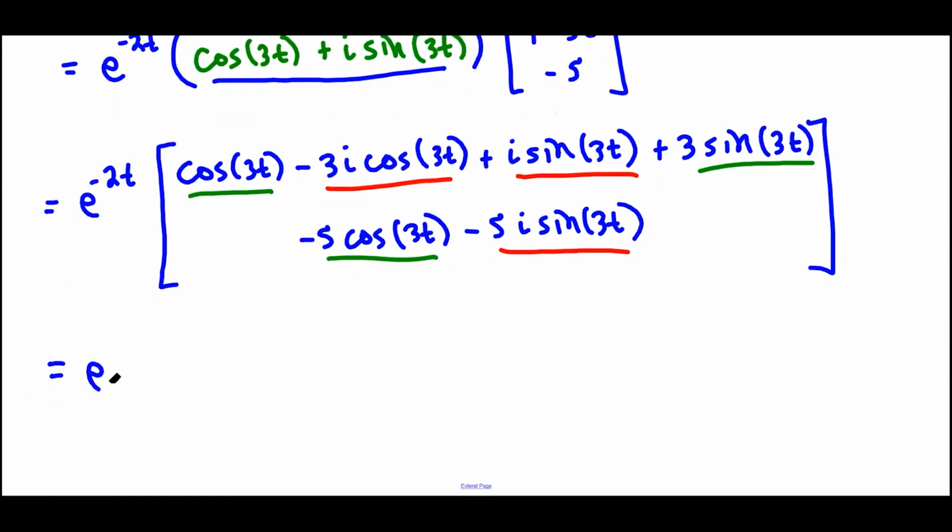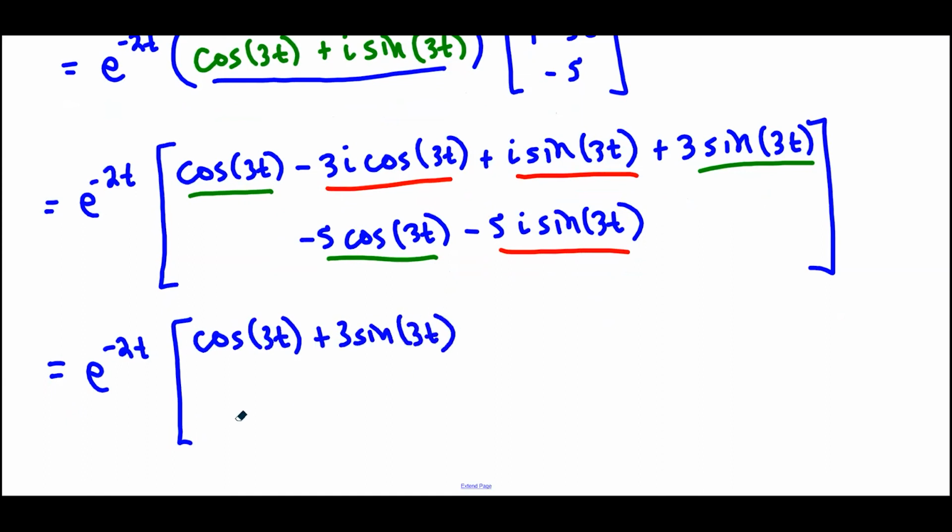So here I'll have e to the negative 2t times the real stuff, cosine 3t plus 3 sine 3t, and then the bottom in the second component, negative 5 cosine 3t, plus i, and don't forget the e to the negative 2t, right?